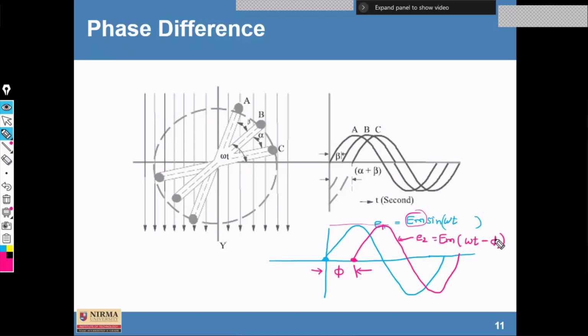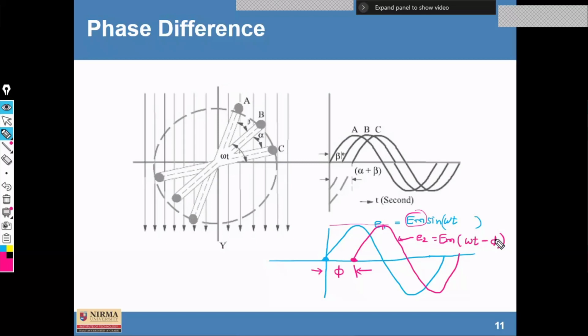E2 lags behind E1 by an angle phi. Or in a similar way, we can say E1 leads E2 by an angle phi.